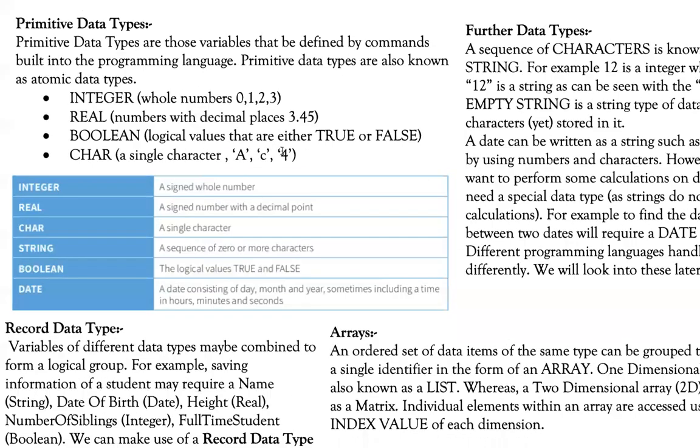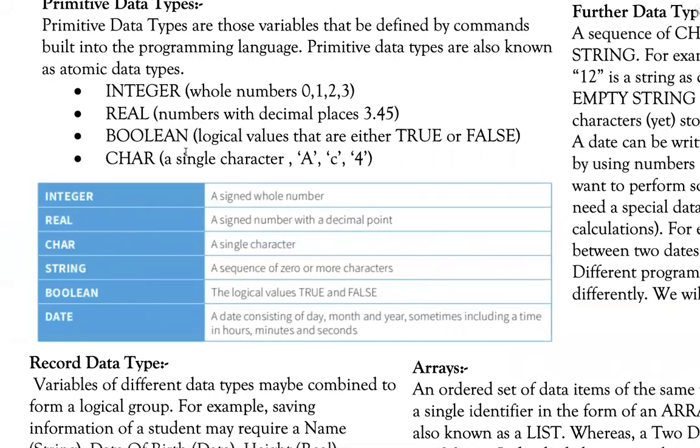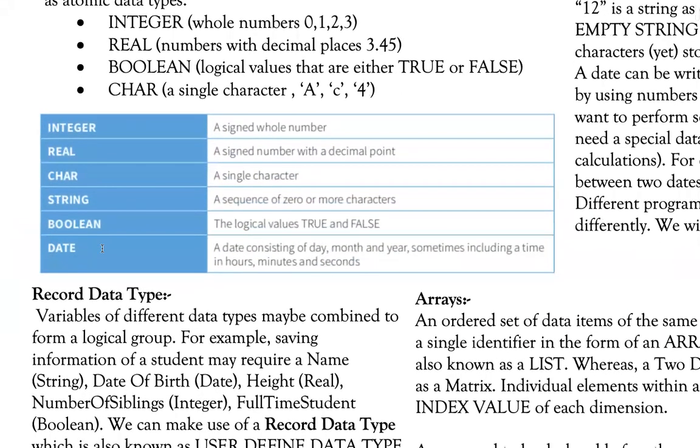So anyway, these are my primitive basic data types that most languages come equipped with. Apart from that, we have, for example, date as well. Unlike Python, most languages do have a date time type. So if you are saving some information about dates or times, then you will use the date data type.